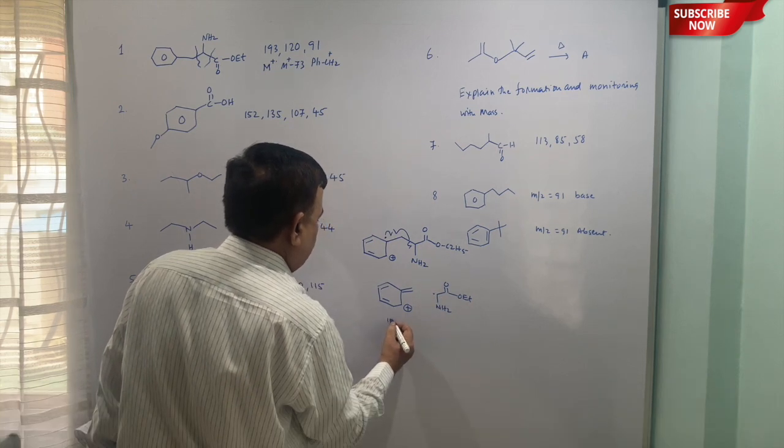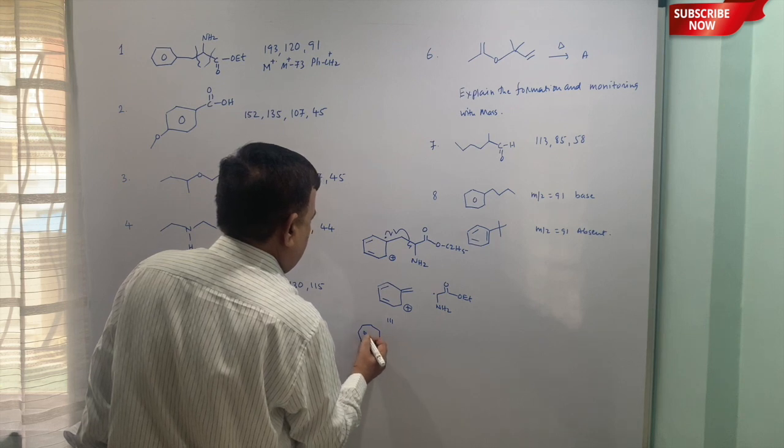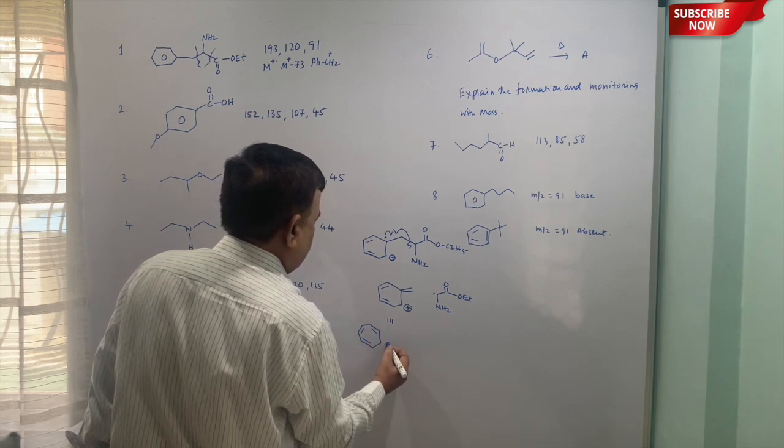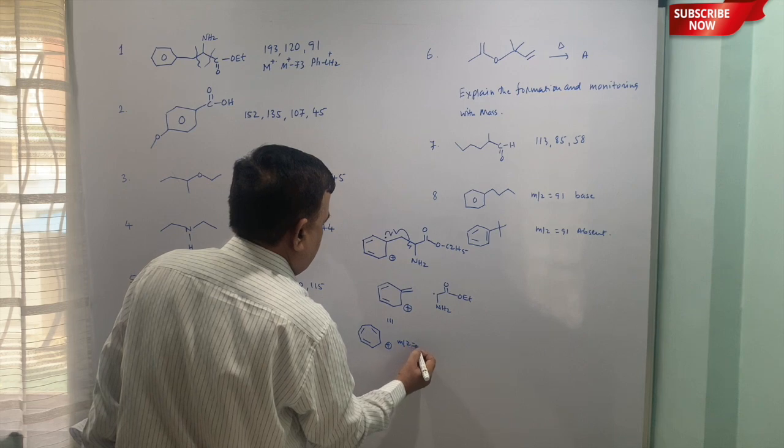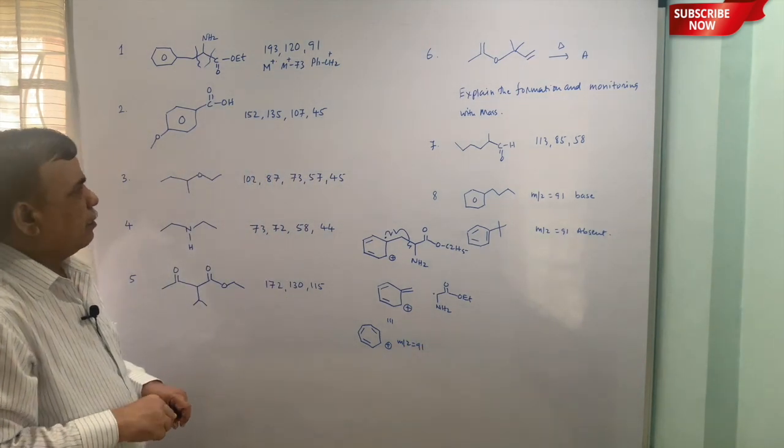Now this is equivalent to tropylium ion. We have seen how the transformation takes place. This is m/z equal to 91. So that is the first part.